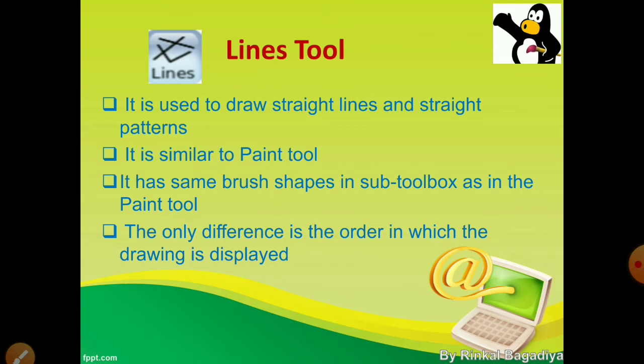In short, with the paint tool the shapes are freehand drawing, but with the lines tool the shapes are drawn in a straight line only. We can see the pattern only after completing the line and releasing the left mouse button. Let's see practically how we can draw patterns using the lines tool.